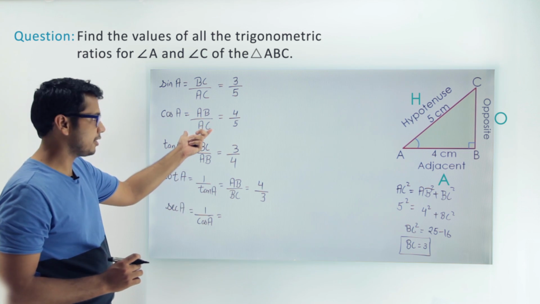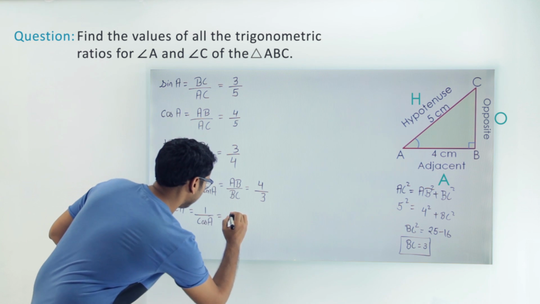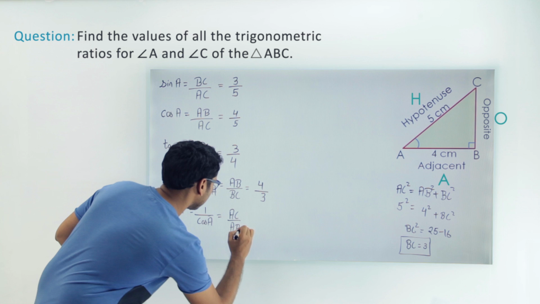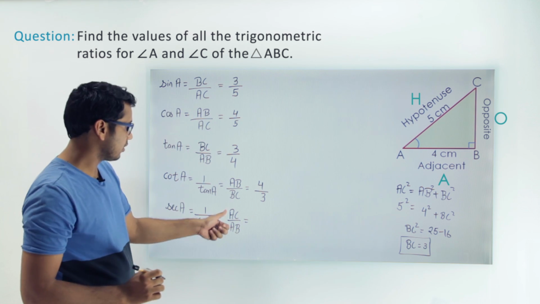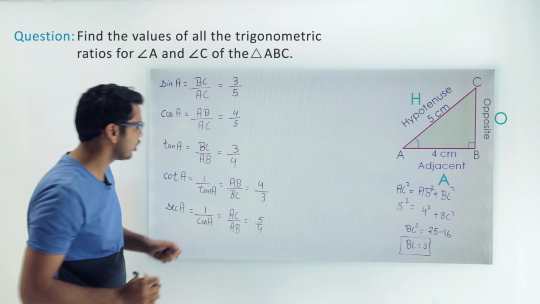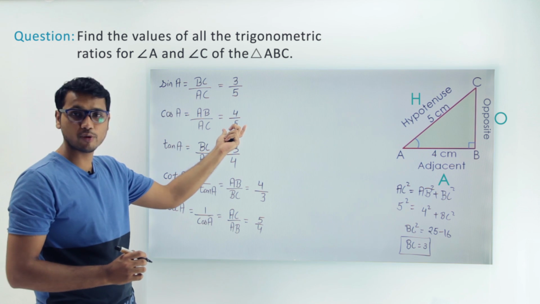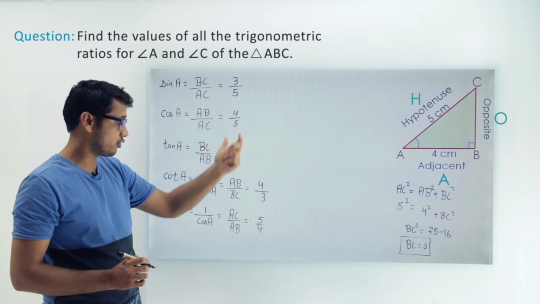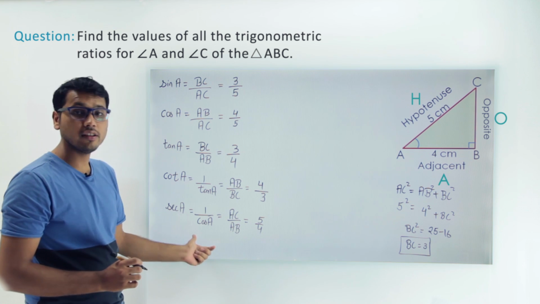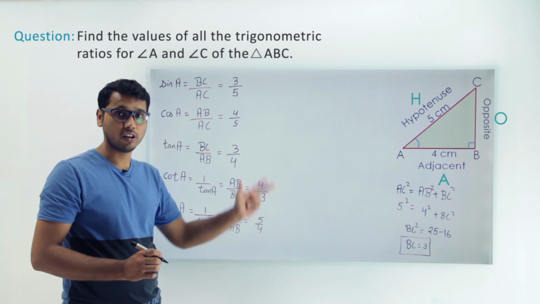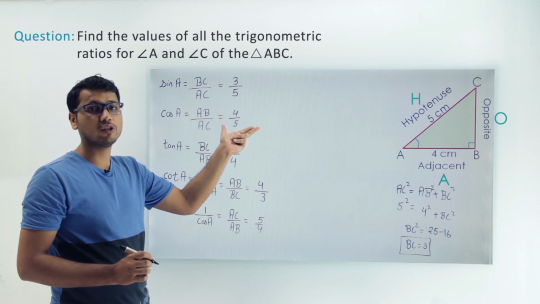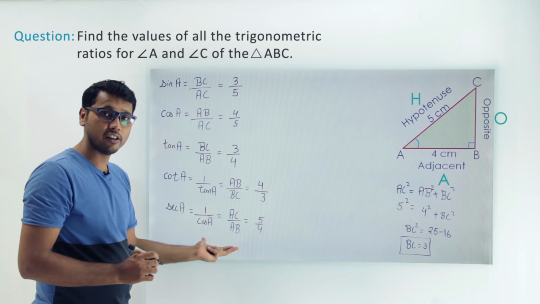Taking the reciprocal, this will come out to be AC upon AB. Now put the values, this will be 5 by 4. You can also directly do the reciprocal of 4 by 5 to get this. You don't have to do all this; you can directly do the reciprocal of what we have got for cos A and get the value of sec A.